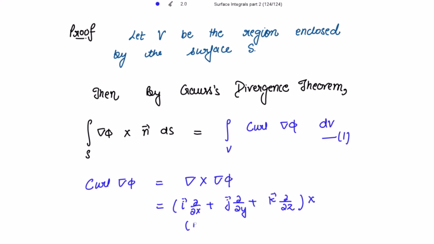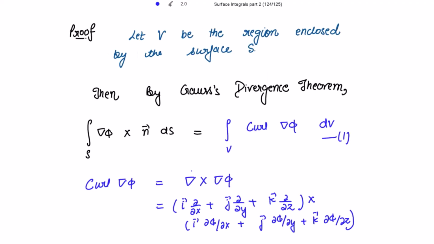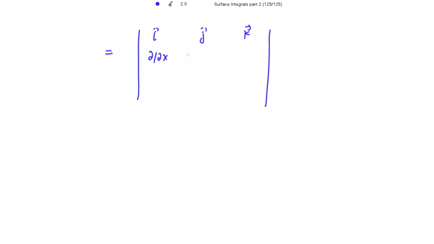So this is i vector partial derivative of phi with respect to x plus j vector partial derivative of phi with respect to y plus k vector partial derivative of phi with respect to z. Taking the cross product now, just write here i vector, j vector, k vector, and in the second row the components of del: partial derivative with respect to x, with respect to y, and with respect to z.